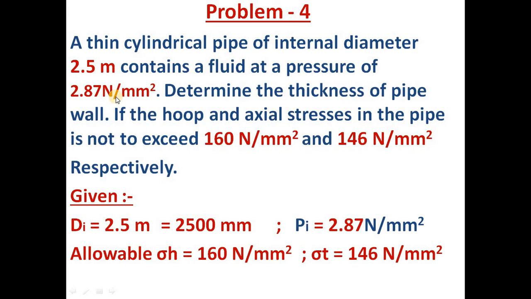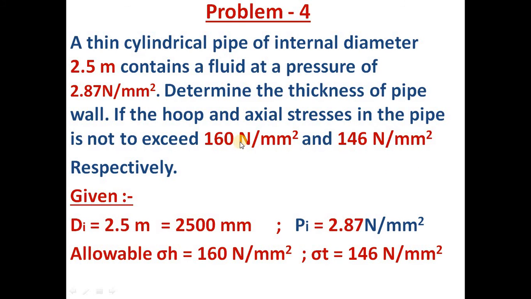Internal pressure is given. Pressure Pi is given, D is given. Determine the thickness of the pipe wall. T has to be found out. If the hoop and axial stress in the pipe is not to exceed 160 Newton per mm square and 146 Newton per mm square respectively.